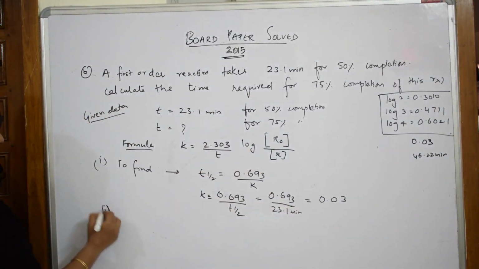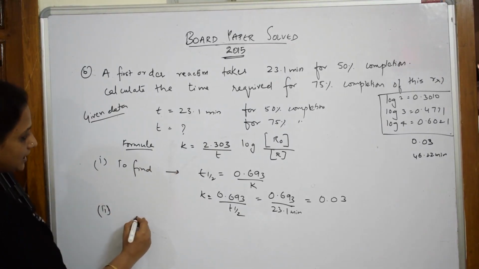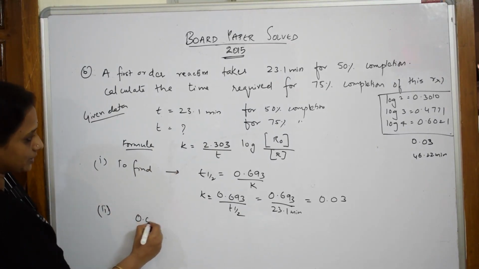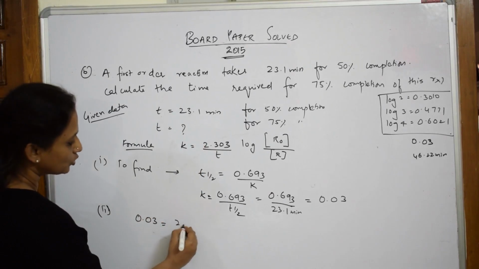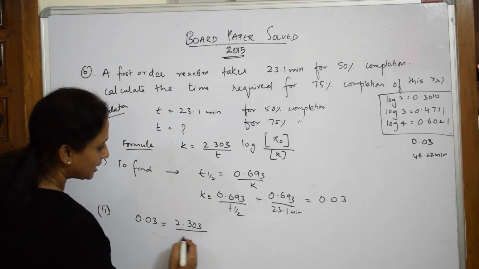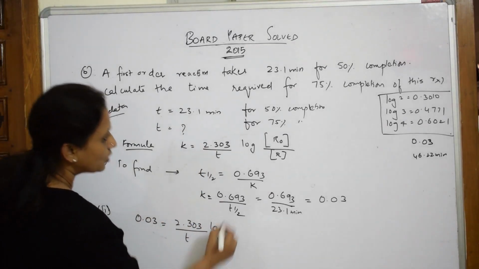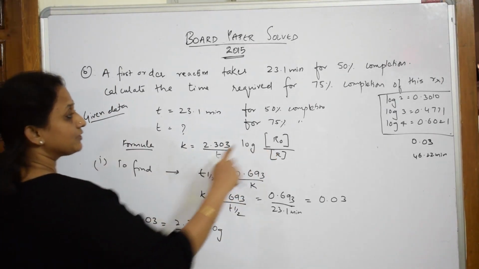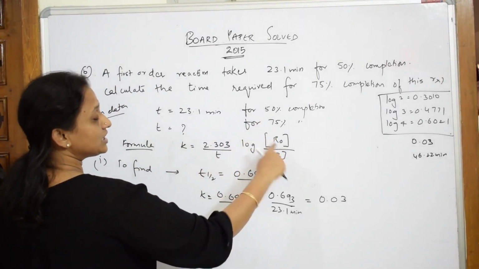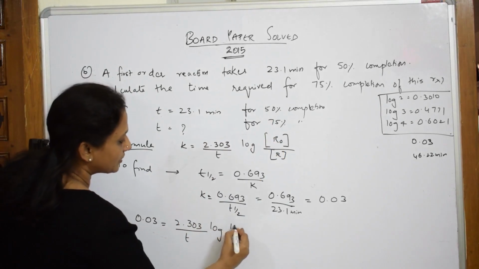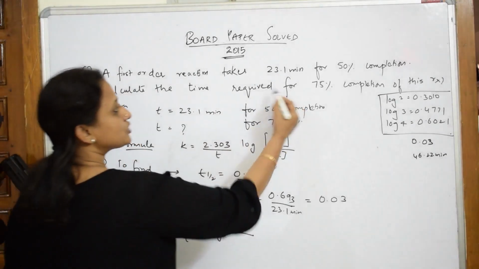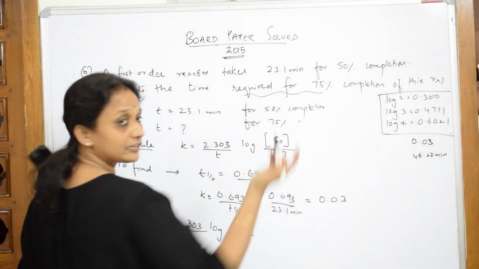Now come back to the second one. Now what do I have? I have this formula: 0.03 is equal to 2.303 by t log. What is R naught initially? They have given me R naught initially should be 100%, isn't it? So 100 divided by, for which one should I find out? I have to find out for 75%.